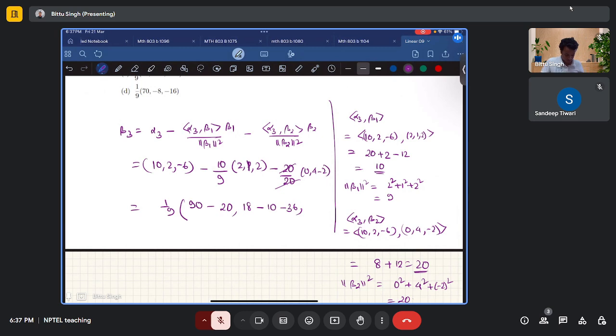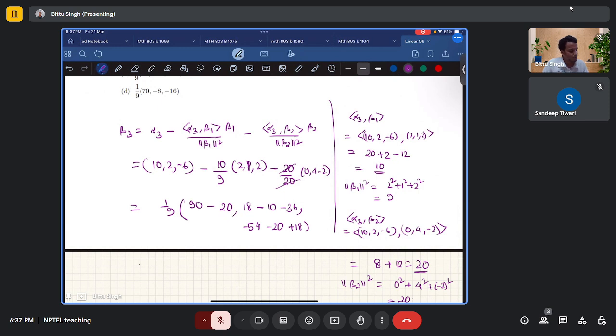Is it correct? Yes. Then the last component is minus 54, then minus 20, and then minus 18 plus 18.